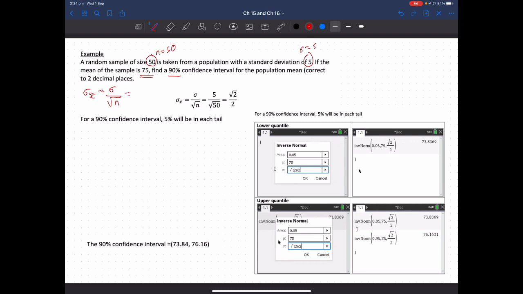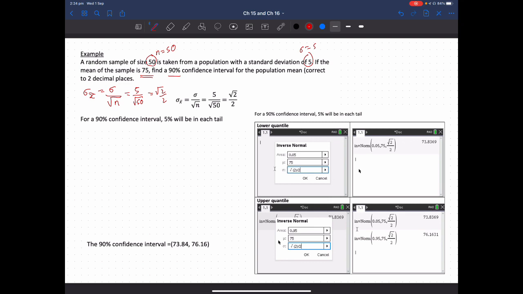We're told the standard deviation of the population was 5. The sample size was 50, so 5 over the square root of 50, which is root 2 on 2. Now it says to us, find a 90% confidence interval for the population mean.